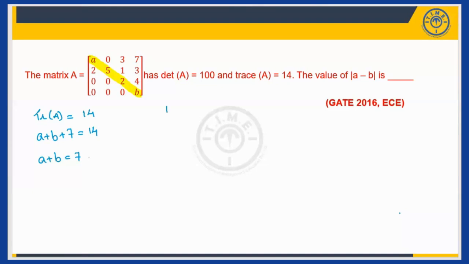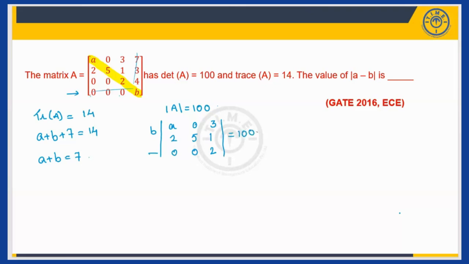Now given det is equal to how much? Det is equal to 100. I'll expand according to the last row. Why? Because all are zeros, so I'll be getting only one. So that is b times the det of, take out the row and the column, 0 3 2 5 1, 0 0 2, is equal to 100.